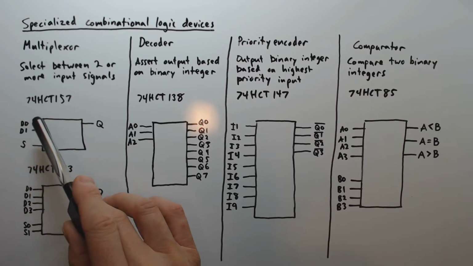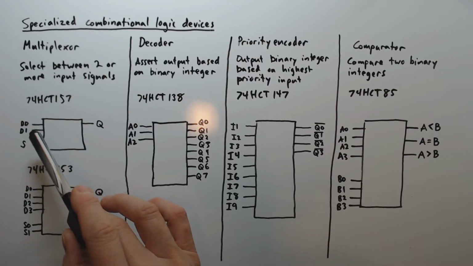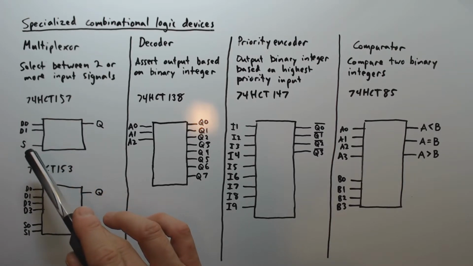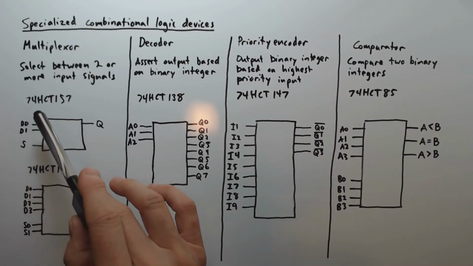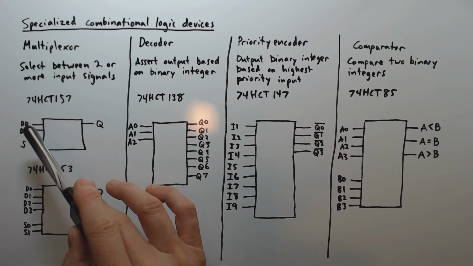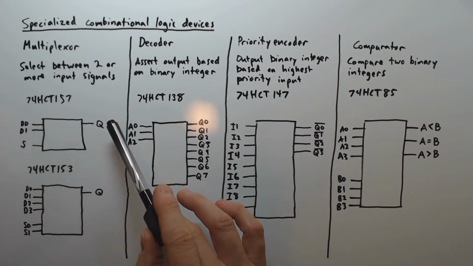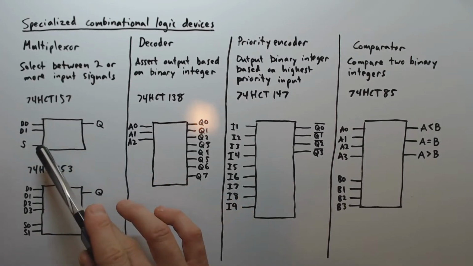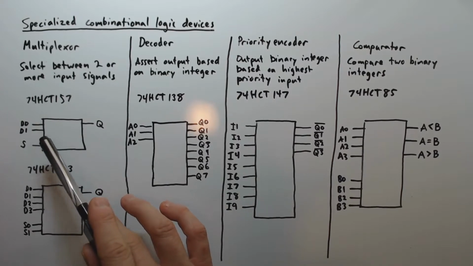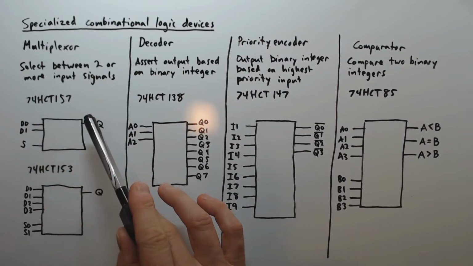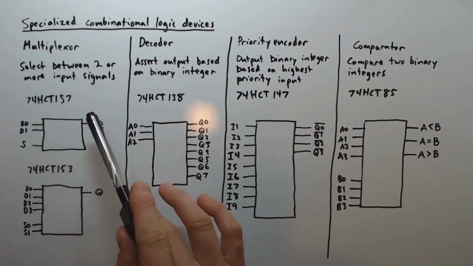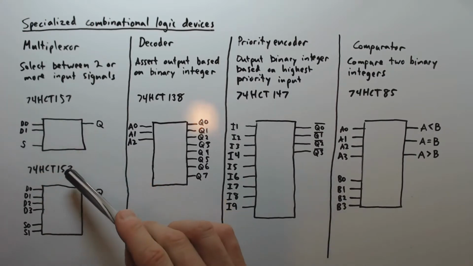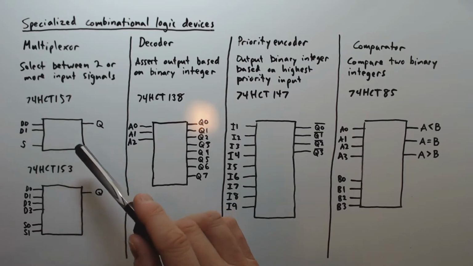And the idea is you have these two inputs, D0 and D1, and then the S input, that's the select input, allows you to choose which one, D0 or D1, you want to appear at the output Q. So for example, if S is low, D0 will be copied to Q. If S is high, D1 will be copied to Q. That is a two-input multiplexer.